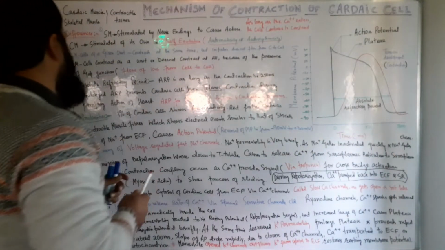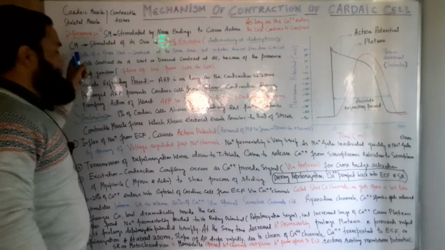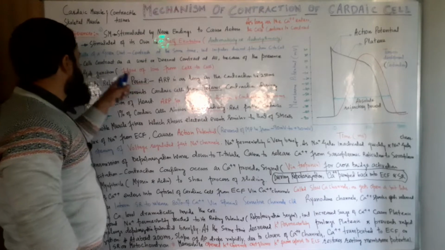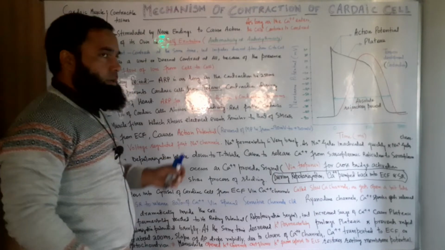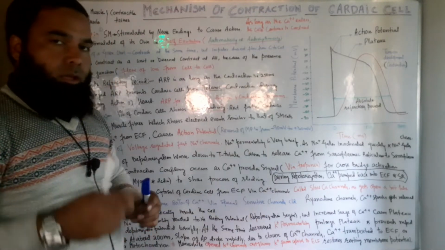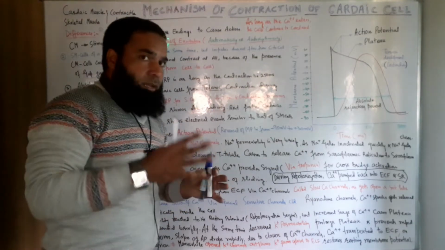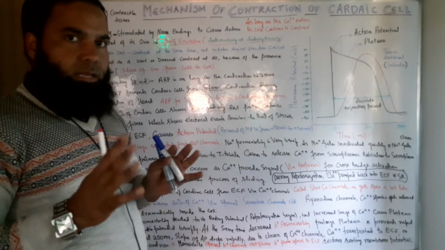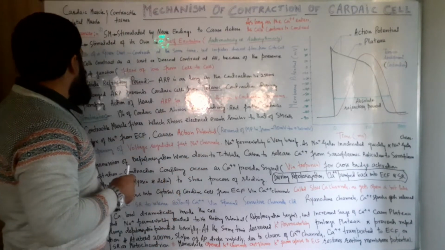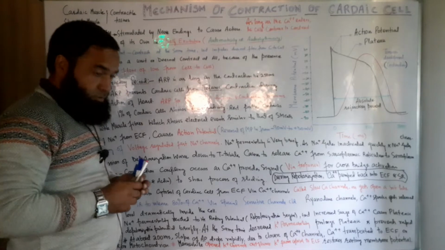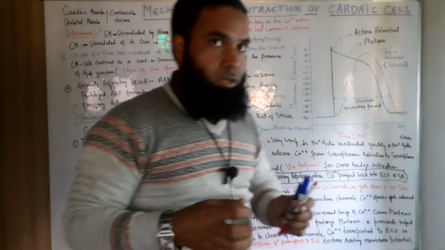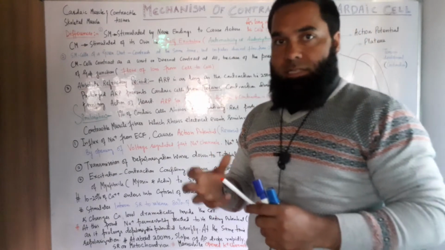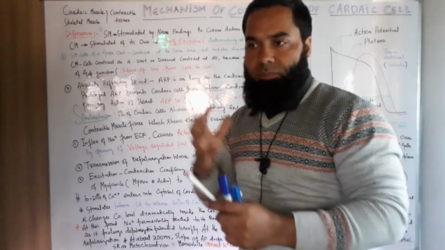On the other hand, there is one more difference between the skeletal muscle cell and cardiac muscle cell. Skeletal muscle cells of a given motor unit contract at the same time, but the impulses don't flow from cell to cell because it lacks gap junctions. On the other hand, cardiac muscle cells contract as a unit or don't contract at all, as the flow of ions passes from cell to cell.